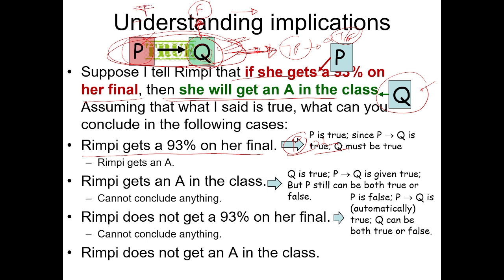If P is true, true implies false becomes false as a whole. So P must be false. She does not get a 93% on her final.